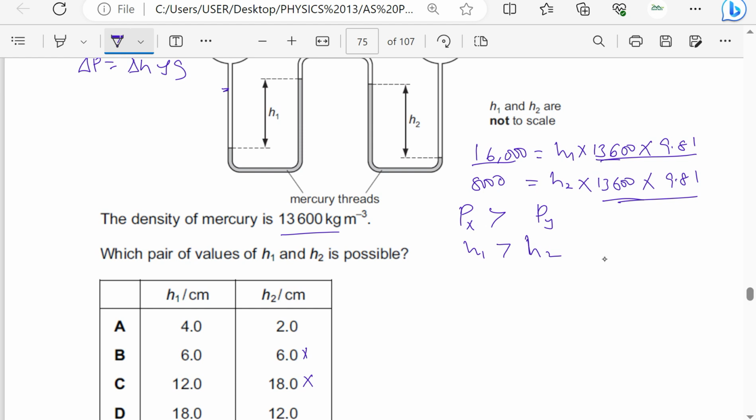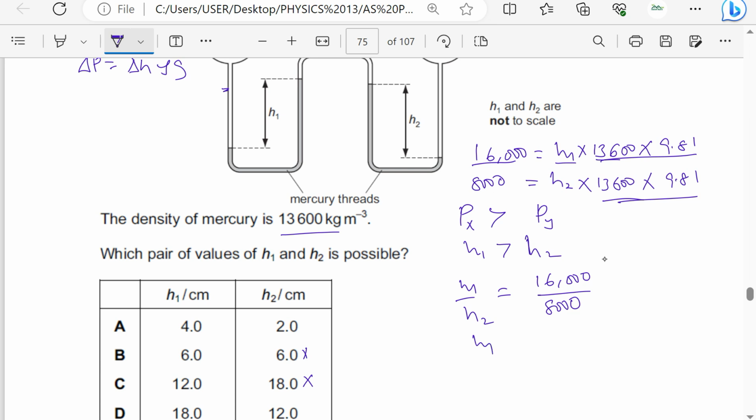Of course, we notice that H is directly proportional to the pressure. Okay, if I divide those two equations, I will want to have H1 over H2 equal to 16,000 divided by 8,000.